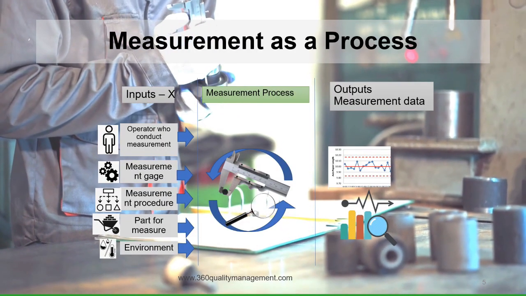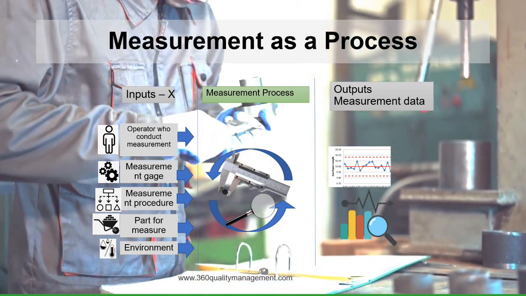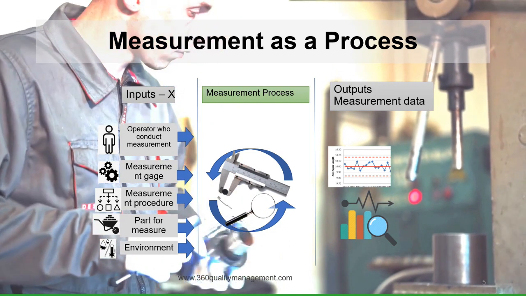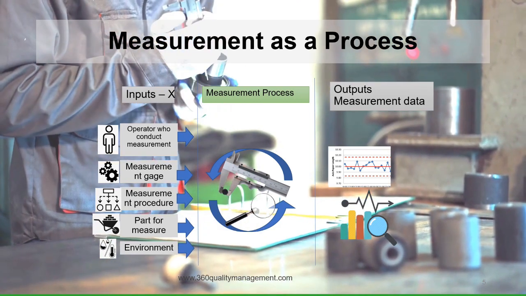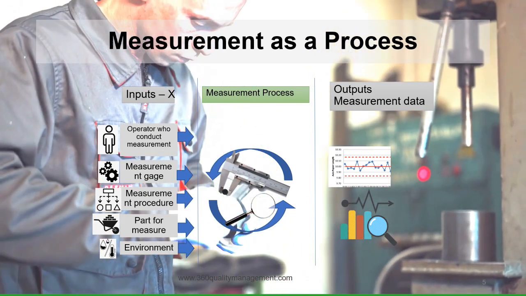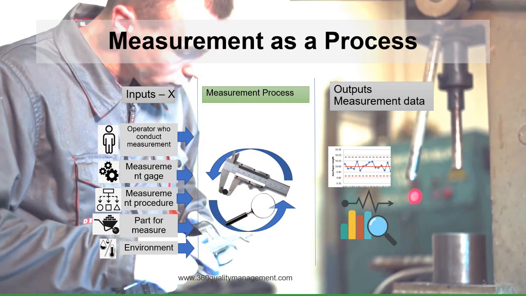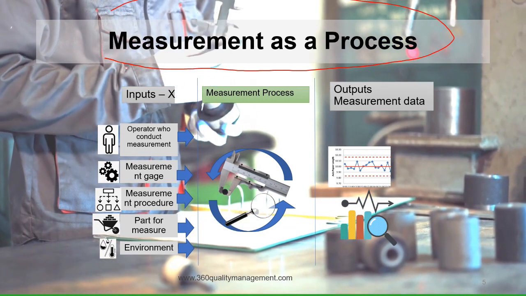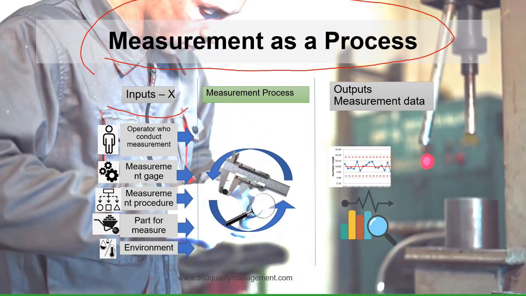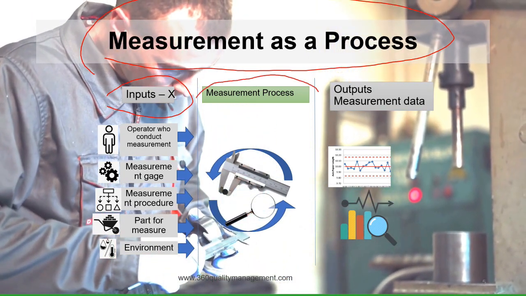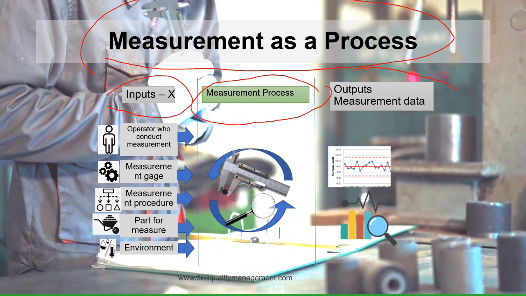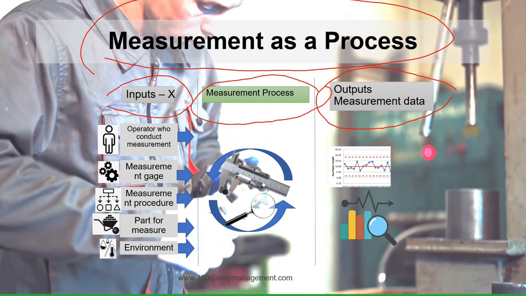After we know that manufacturing is a process, where each consists of process input, the work or transformation process, and the output, we should be able to understand that measurement is a process where it also consists of process inputs, the process itself or the work activities or the transformation process, and the output, which is the measurement data.